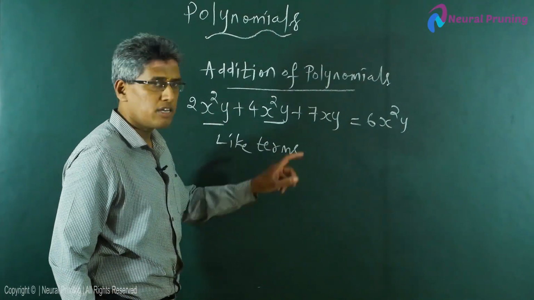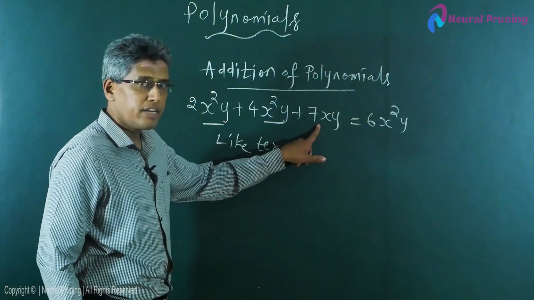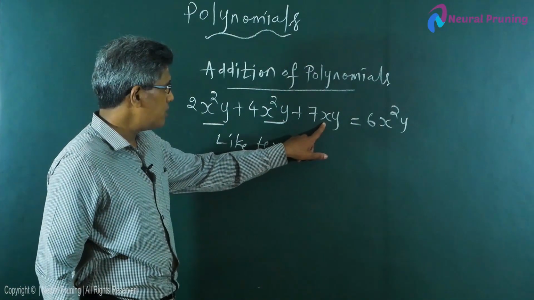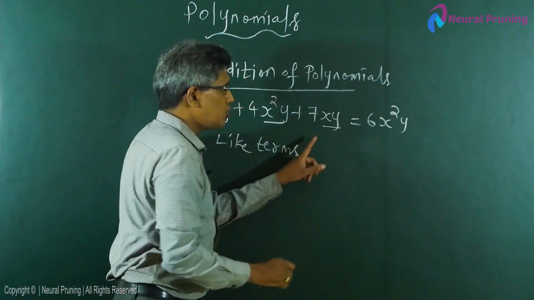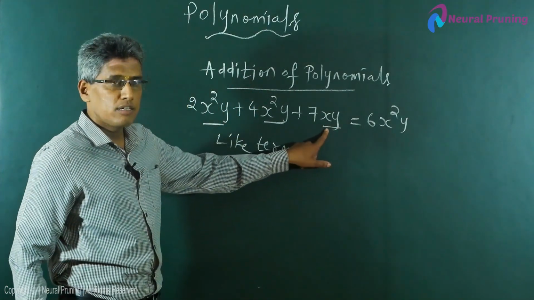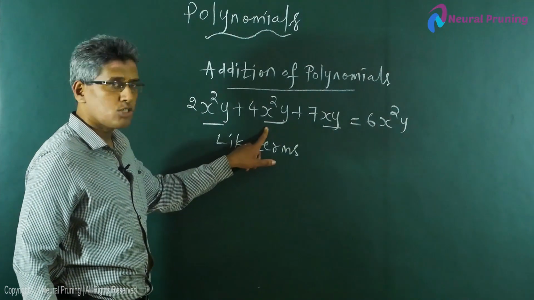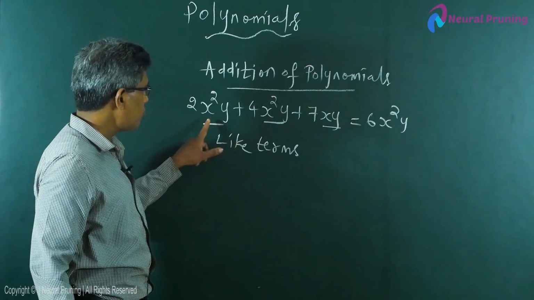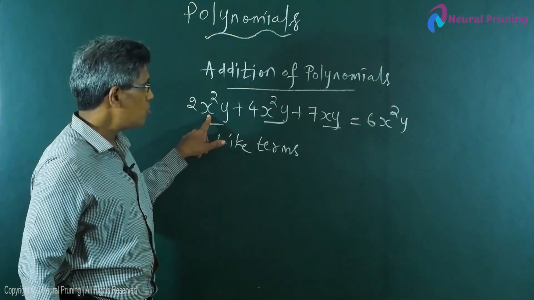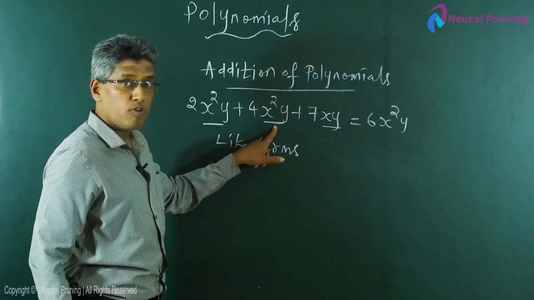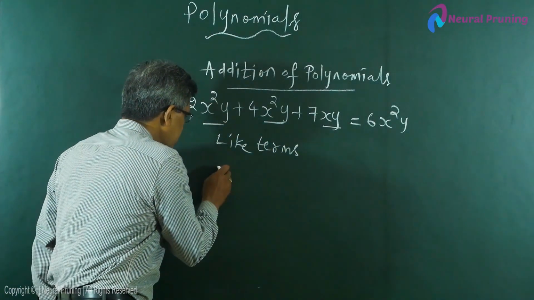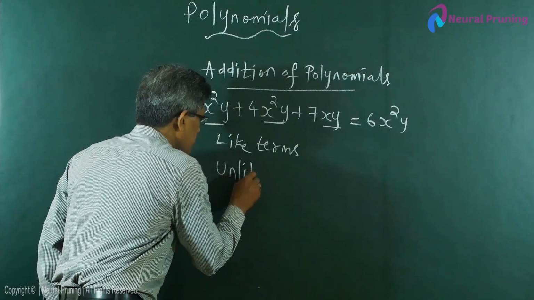As far as the third term is concerned, 7xy, just focus your attention on this. xy is different from x square y. So xy and x square y are regarded as unlike terms.